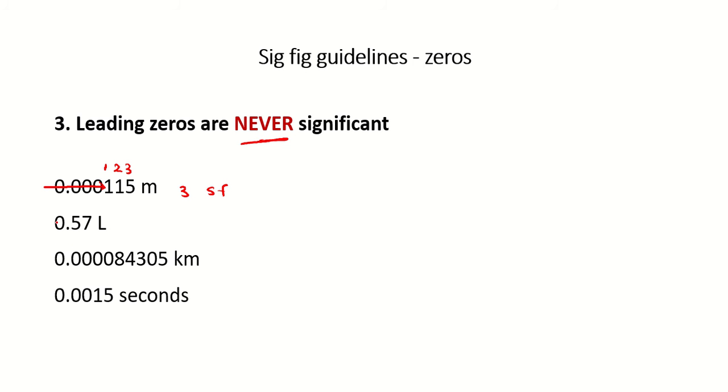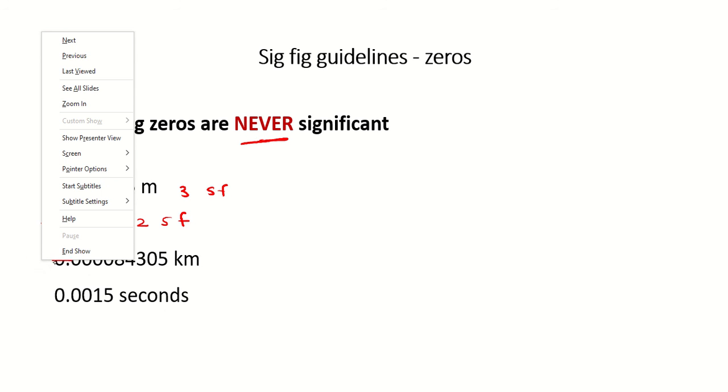I have another number, 0.57. This is a leading zero. Leading zeros are not significant. So this has 1, 2, only 2 significant figures. Next number. All these zeros in front of the number 8 are not significant. The number 8 is the first non-zero digit you see.